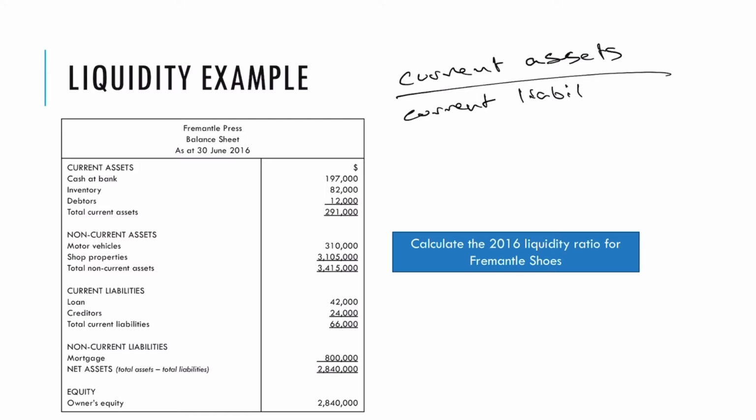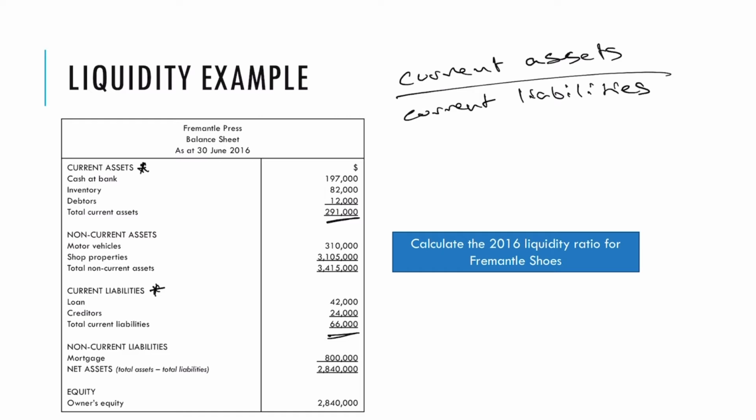We'd source this information from a balance sheet. We can see pretty clearly where our current assets and our current liabilities are, and already the current assets are greater than current liabilities, so I can tell this company is already liquid.